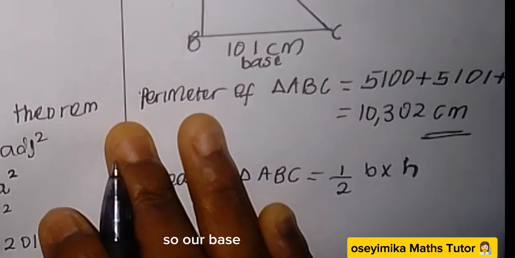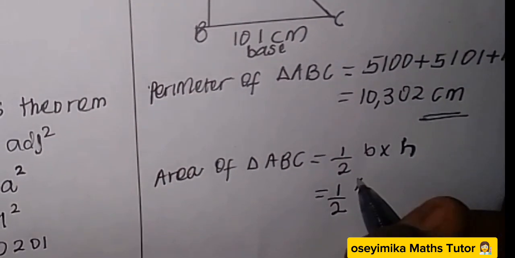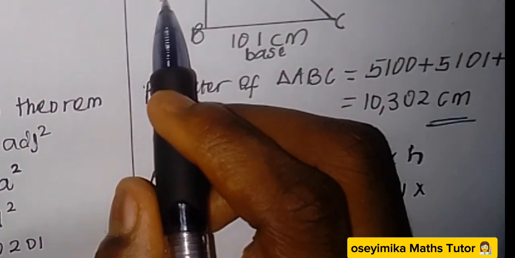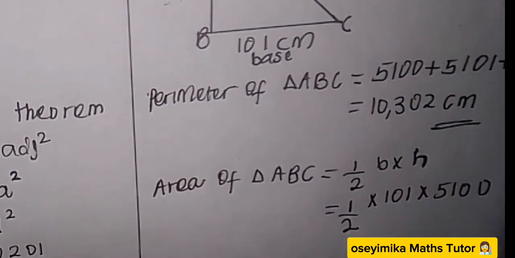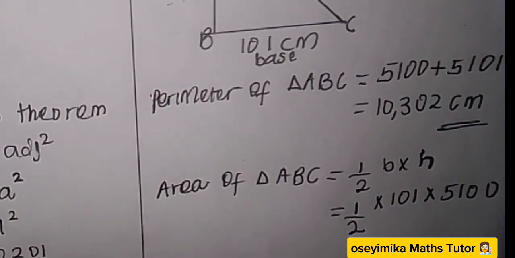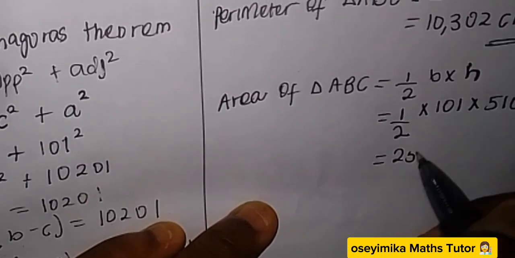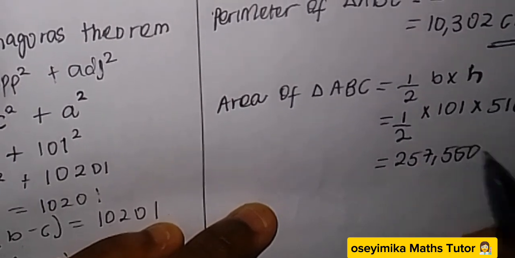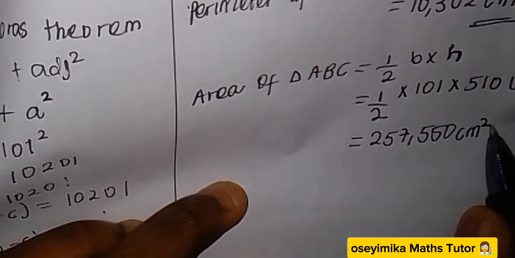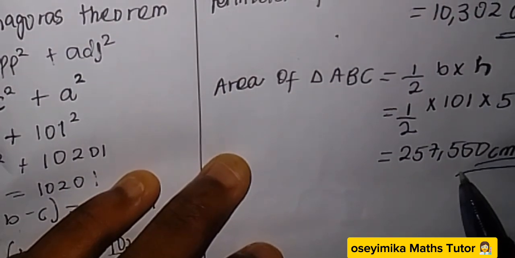So the area equals 1 over 2 times base, which is 101, times the height, which is 5,100. So our area equals 257,550 centimeters square. Our area is always in centimeters square. So I've gotten our perimeter and the area of this triangle.